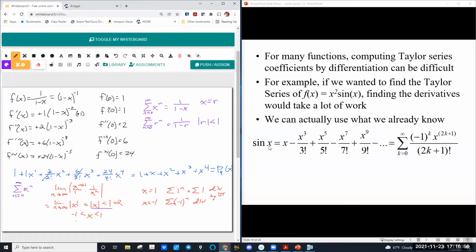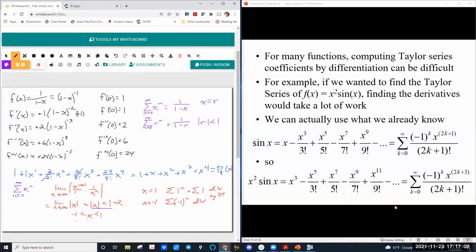We know the Taylor series for sine of x. So for the Taylor series for x squared times sine of x, we just multiply all the terms by x squared. I just want to make it real obvious, and let me know if you have any questions. Notice all the terms now have an exponent that's exactly 2 higher.